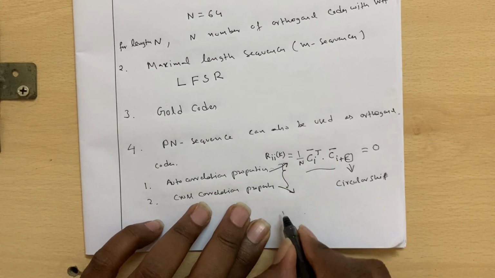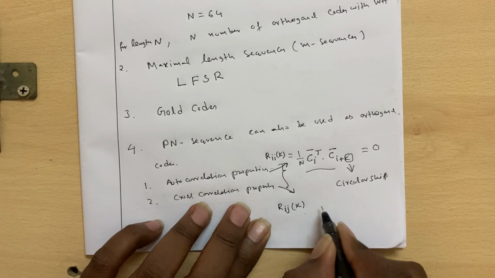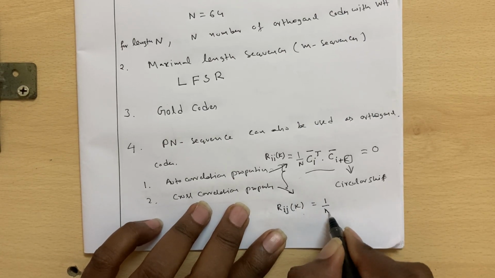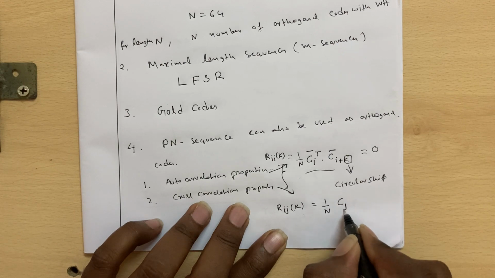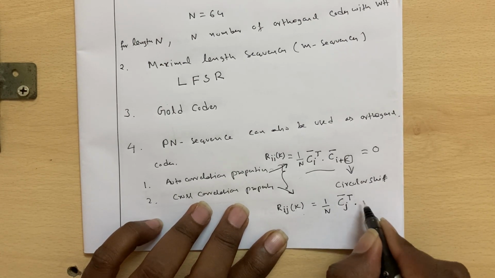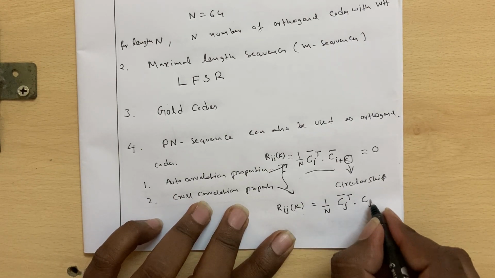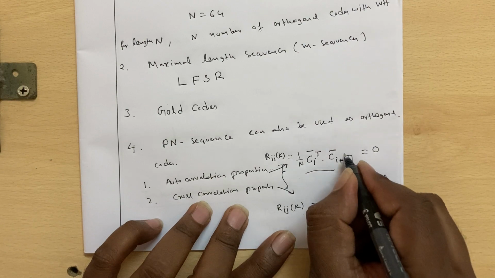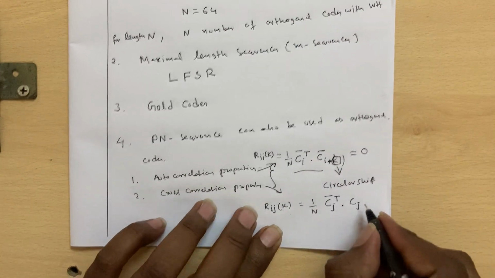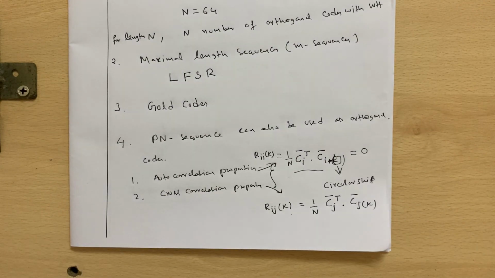Both cross correlation and autocorrelation you can write like this as 1 by n, Cj transpose dot product with Ci, Cj shifted by say k number of chips.